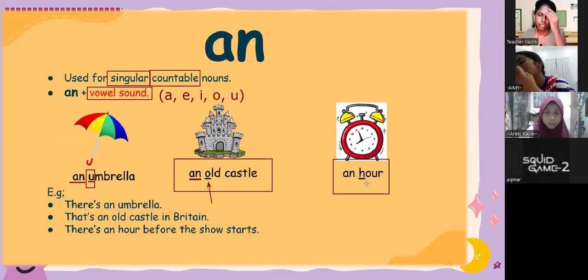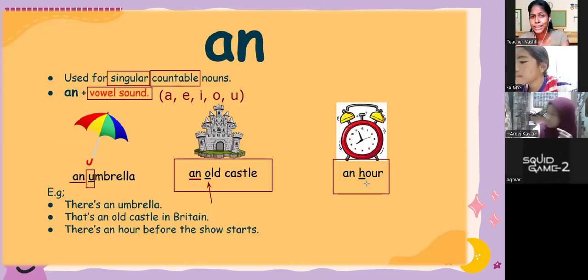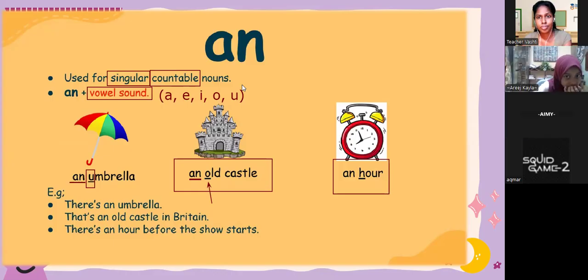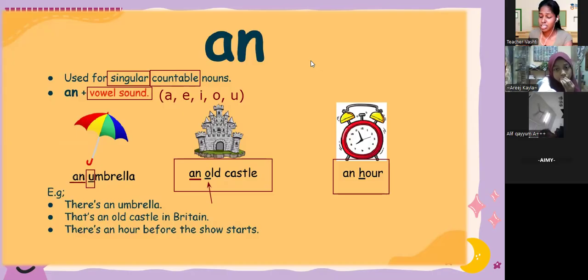Consonant dengan vowel. Yang ni start dengan consonant. Kenapa pula guna an? Anyone? There's one. No, not the correct answer. One also I can say hour.